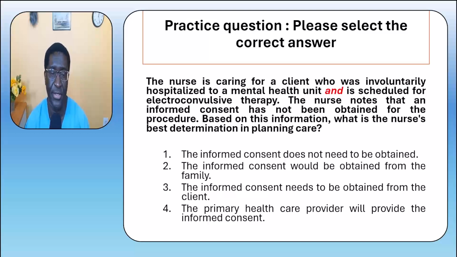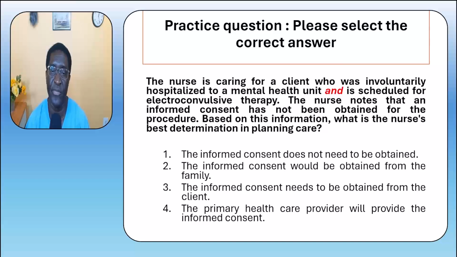Let's take a closer look at the second question. The nurse is caring for a client who was involuntarily hospitalized to a mental health unit and is scheduled for electroconvulsive therapy. The nurse notes that an informed consent has not been obtained for the procedure.